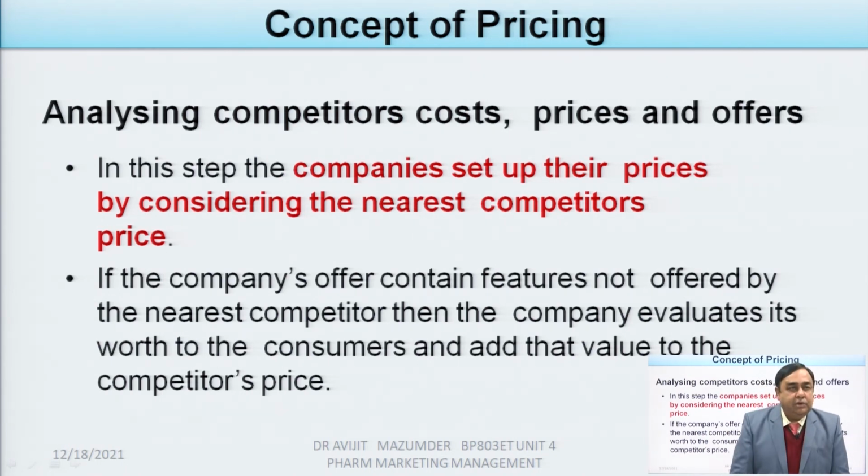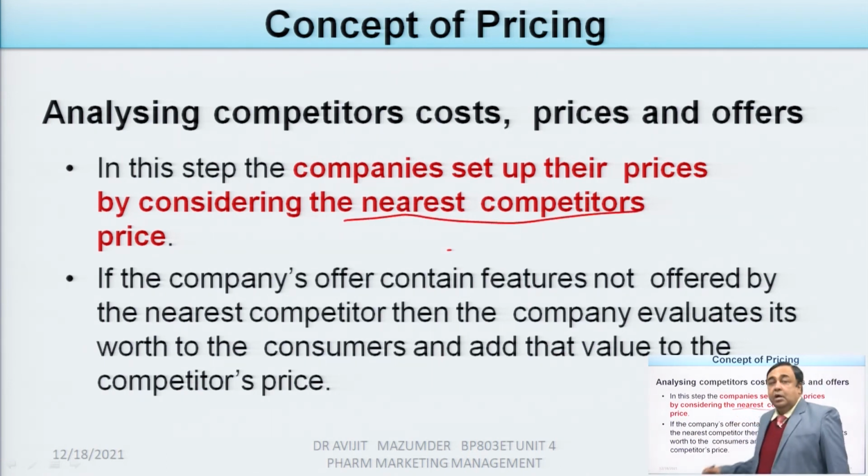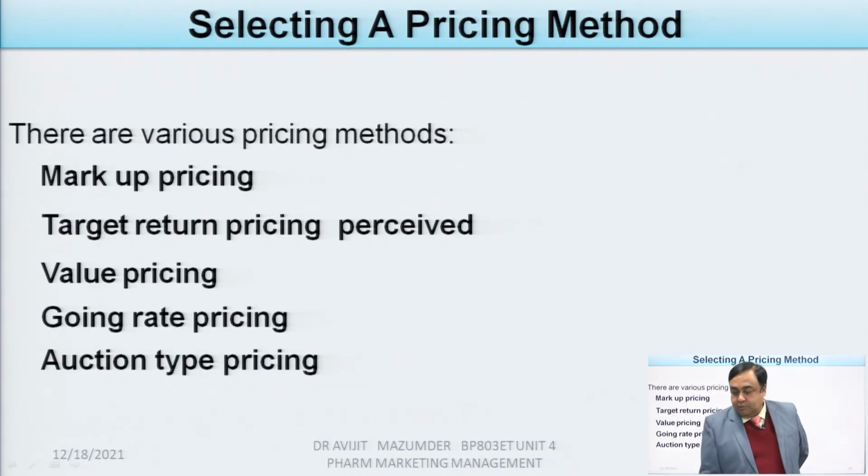In this particular step, the companies set up their prices by considering the nearest competitors. Now, if the company offers certain features which are not offered by any other competitor, then the company evaluates its worth, the value which they are providing to the customers, and accordingly they can charge a higher price as compared to the competitors.